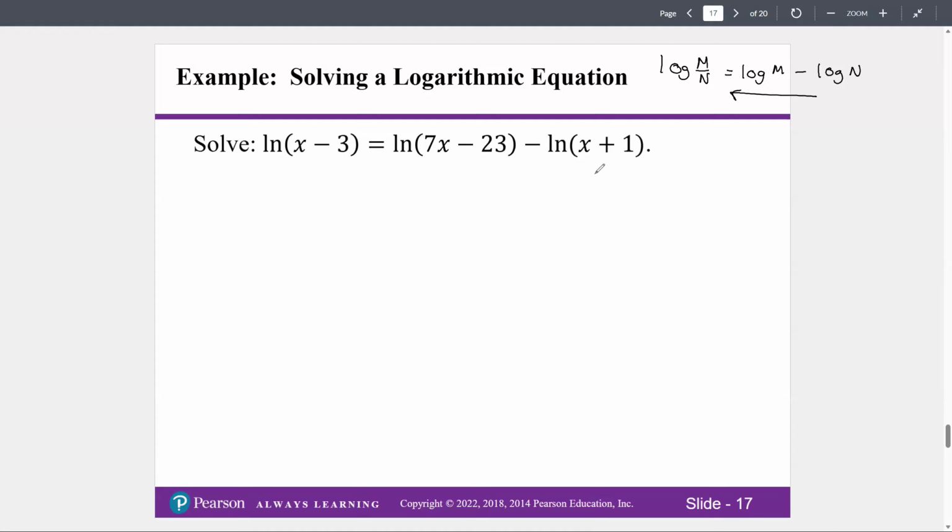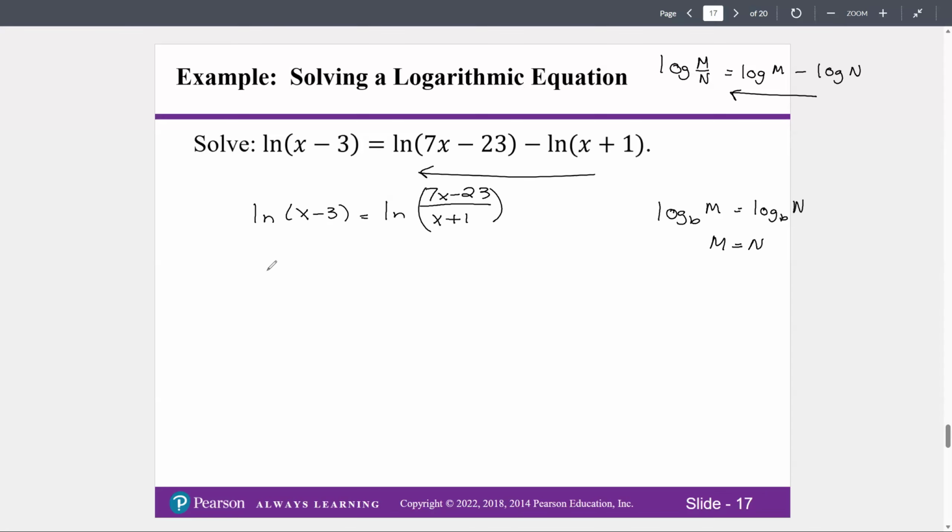So I'm going to take that backwards on this side and then rewrite this as log of x minus 3 is equal to log of 7x minus 23 over x plus 1. Now, since we have logs of the same base, we can just set the insides equal to each other. So this is just x minus 3 equals 7x minus 23 over x plus 1.